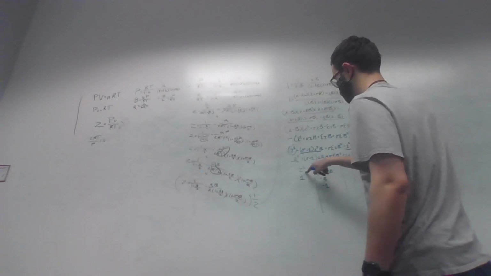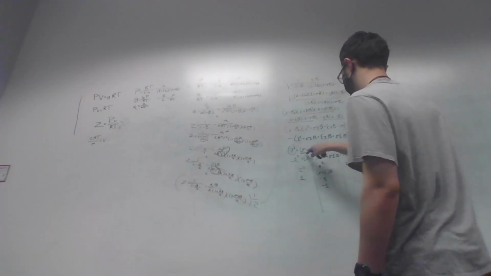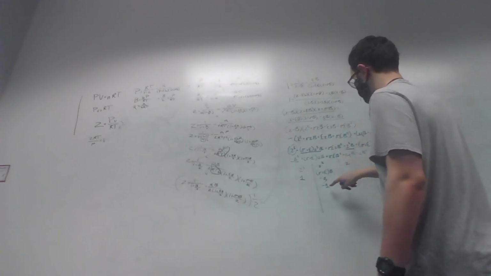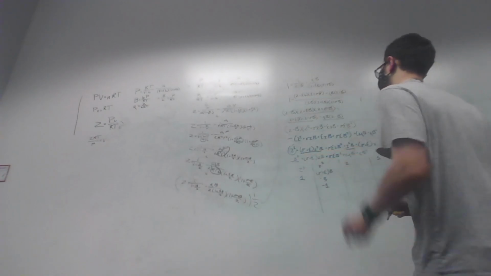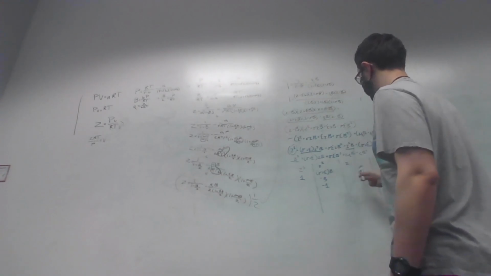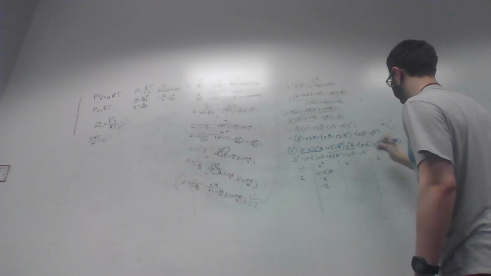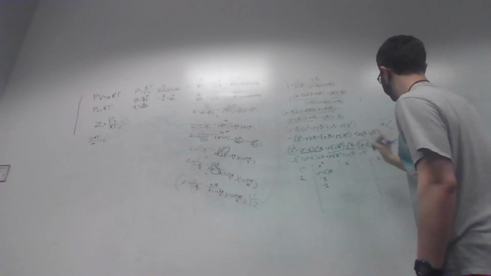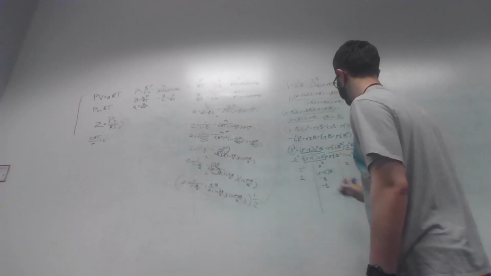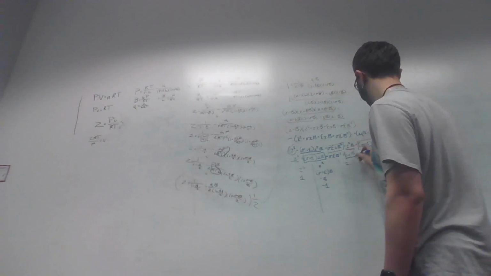So 1 times z cubed equals z cubed. Omega plus epsilon times b times z squared equals this. Negative beta times z squared equals this number. Negative 1 times z squared equals this. So now we have numbers with just z. Just z here, just z here, and just z here.